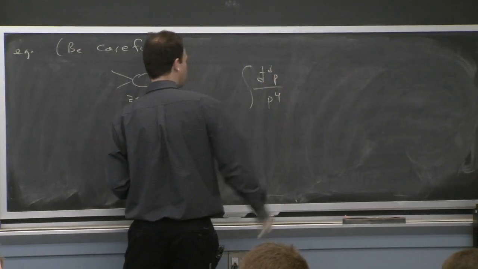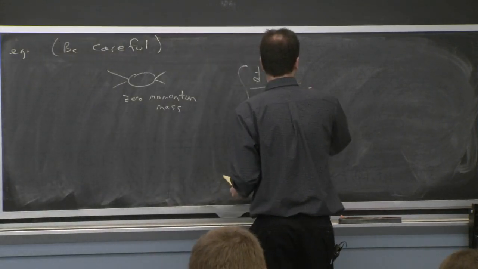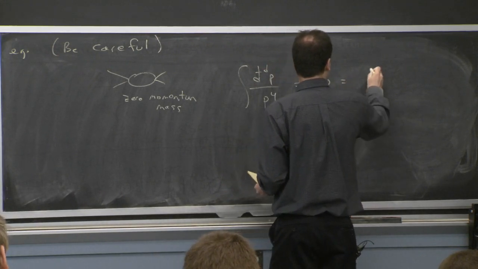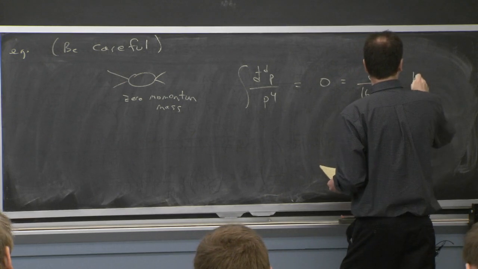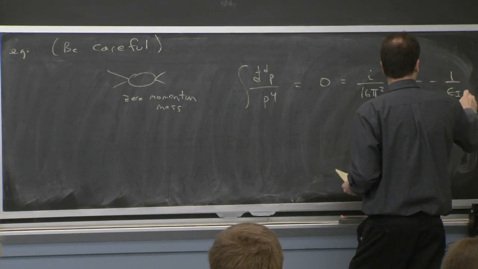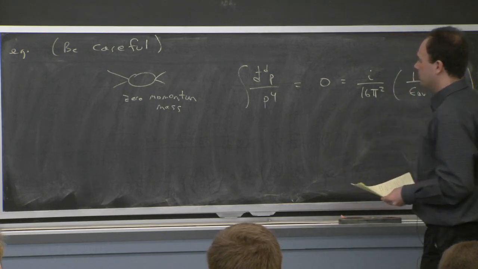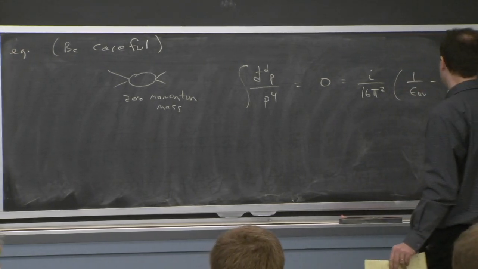So if you do that, you'll encounter an integral that looks like this. There's 2 propagators, so I get a p to the 4th downstairs, and I get d^dp. And that integral is 0, but it's 0 in a special way. It's 0 due to a cancellation between ultraviolet and infrared physics. I said that epsilon could be regulating both infrared divergences as well as ultraviolet divergences.